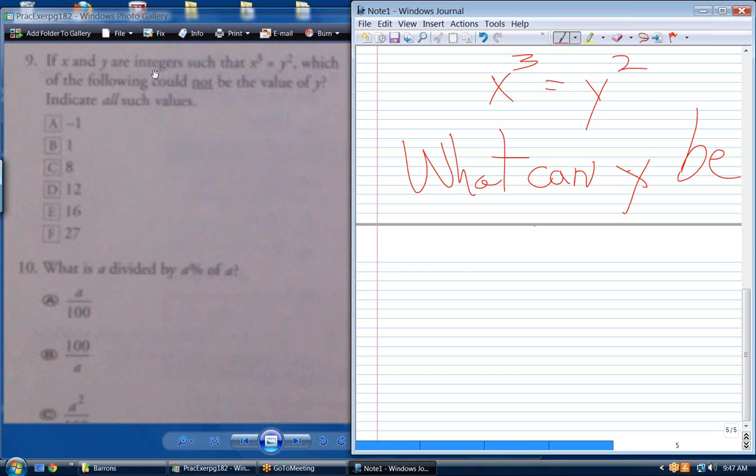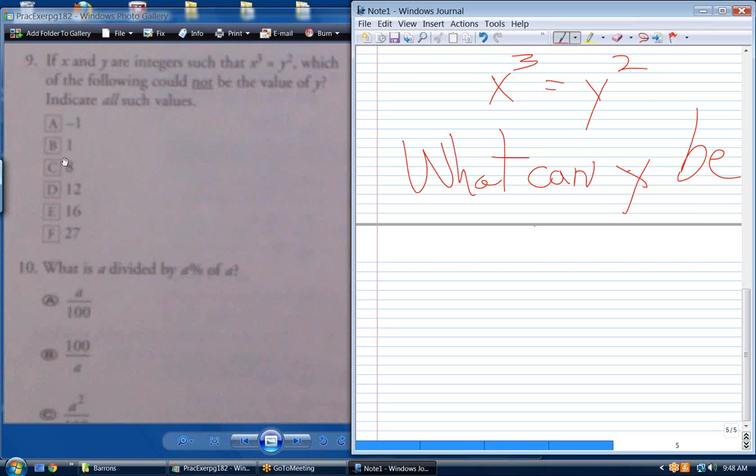Because I agree that this is difficult to understand, what they're really asking for. I had trouble when I first looked at it, and I just kind of had to start somewhere, start with an answer and see if I could work through it. And okay, if y is -1, then x is 1. They're both integers, so yes, y works.